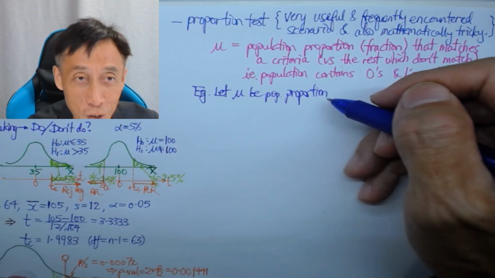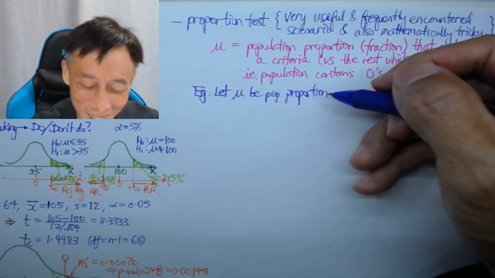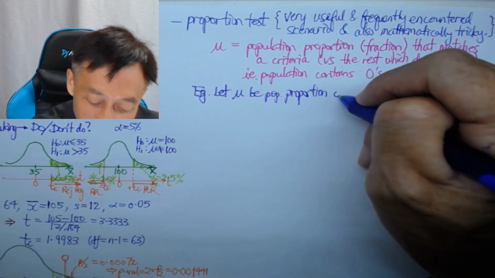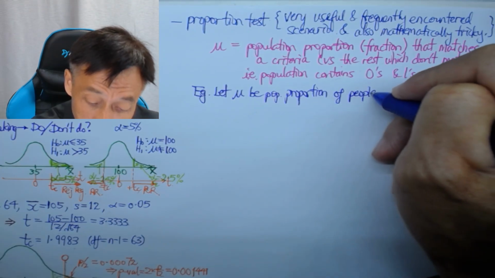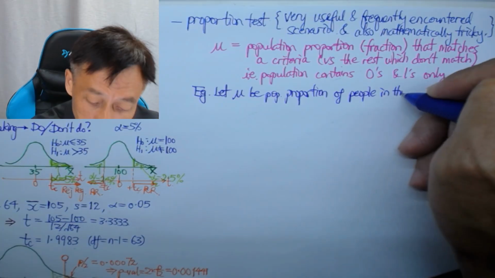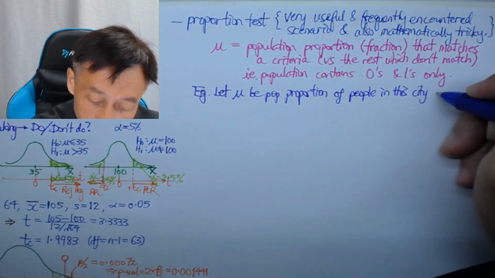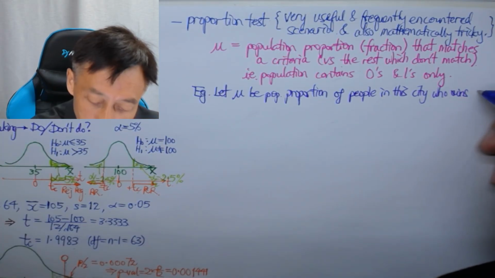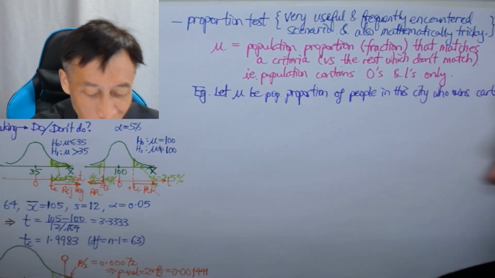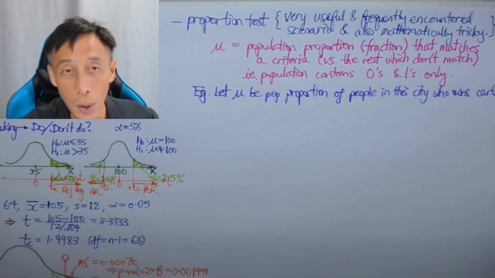The population fraction, the overall fraction of people in this city who own a car or cars. So it's a yes or no.